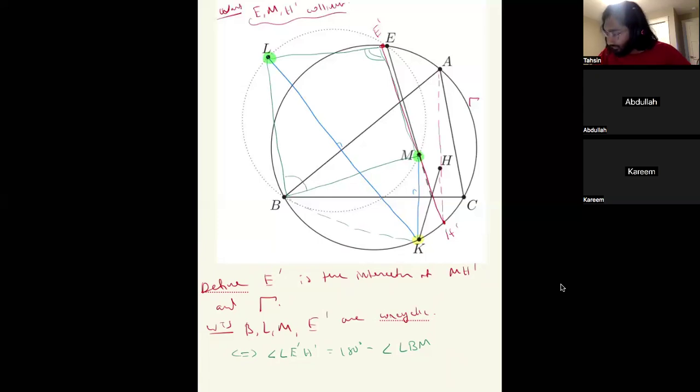Maybe I'll say observe. How would you calculate LBM? Well, it's the difference of two angles.